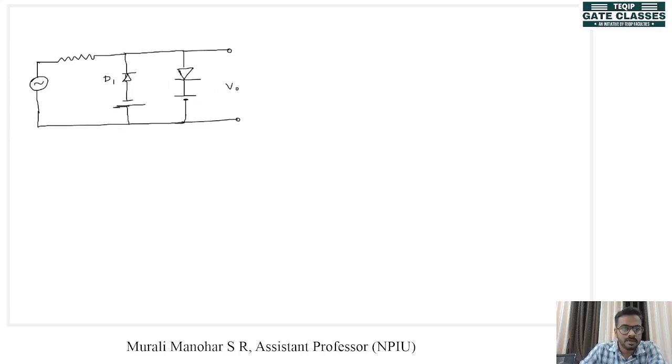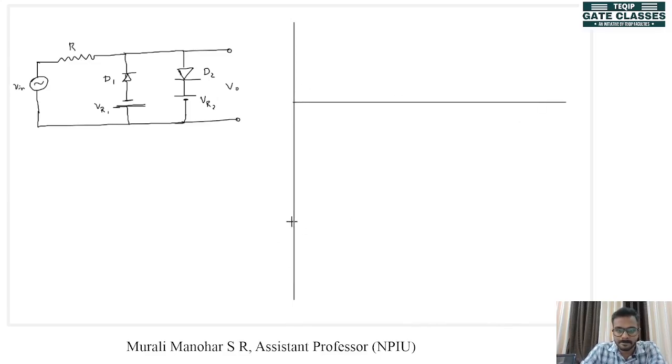D1, VR1, which is actually a negative voltage, D2, VR2. Okay, resistance R, this is V in. Now if we look at the voltage waveforms, this is V in, this is V out.